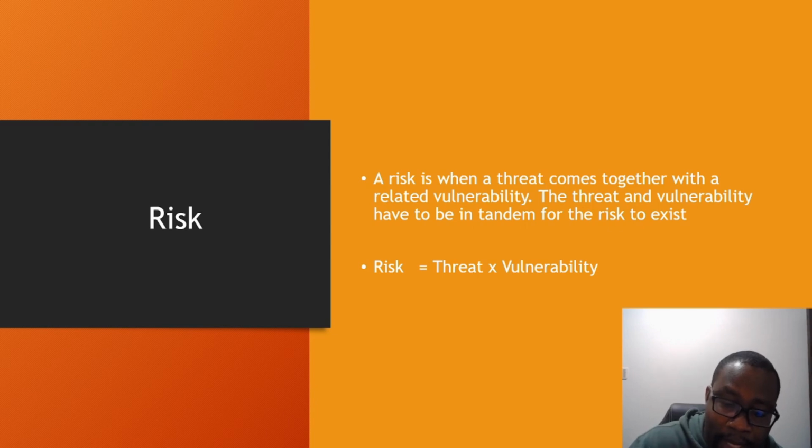A threat would be, say, dropping it three feet in the air. Because if I drop it and that crack is already in it, it's more likely to break. So that is a risk. The threat is it falling out of my hands, the vulnerability is the crack that could be on it, and the risk is greater of it breaking if I drop it. So that's pretty much what a risk is.